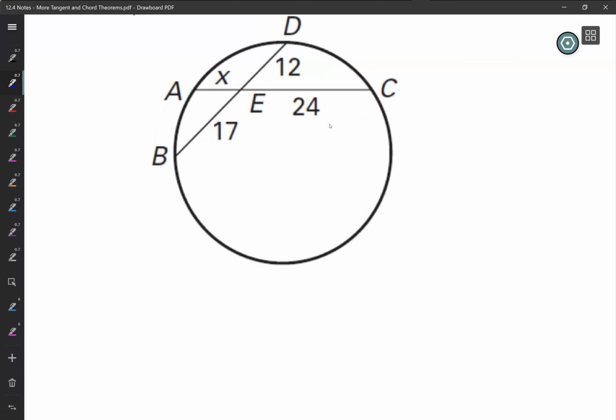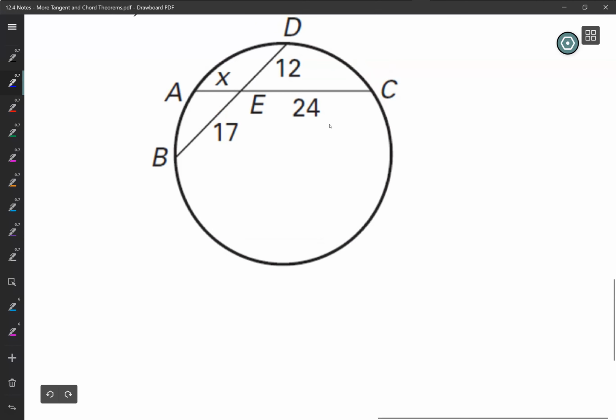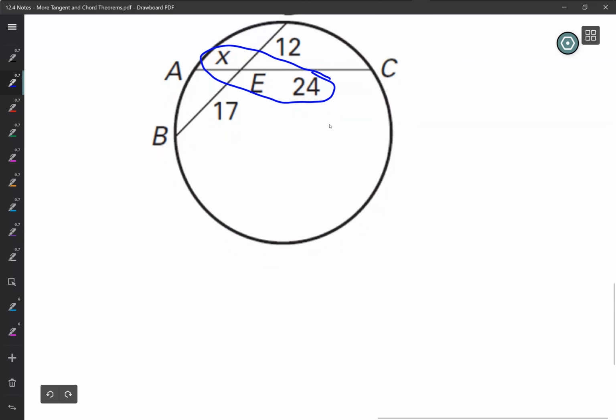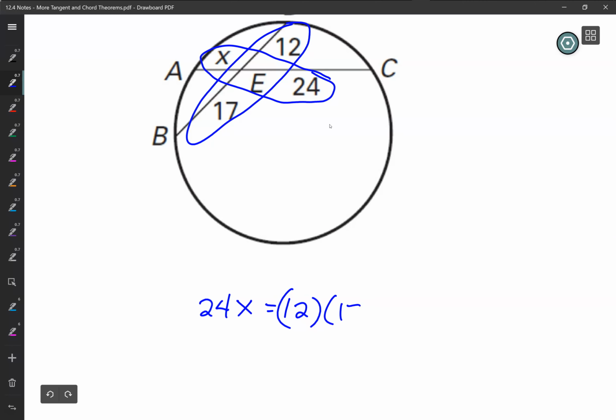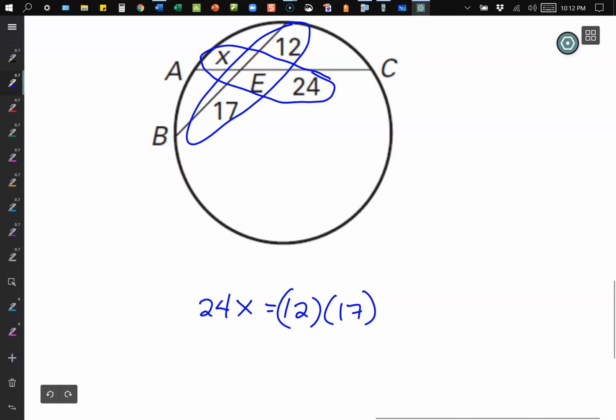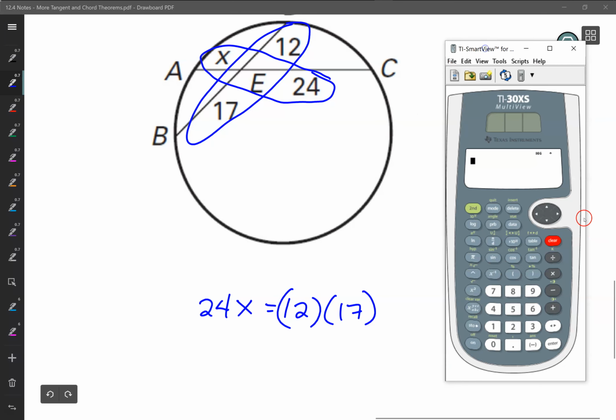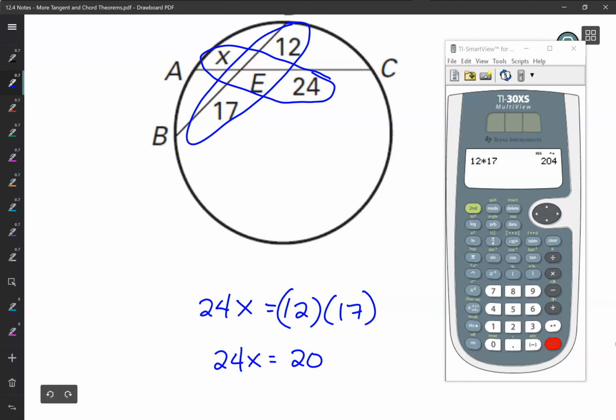Last one. Well, x is definitely the shortest of all those pieces. So let's try this. Those are the two pieces of one. 24x equals 12 times 17. 24x equals 204.